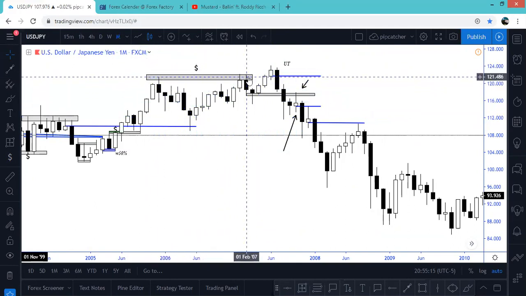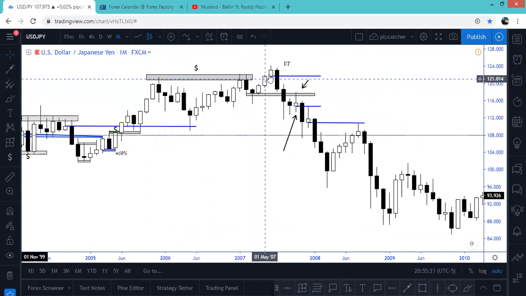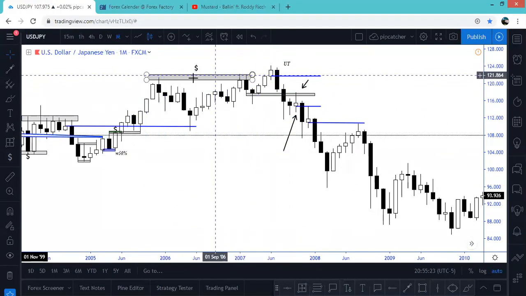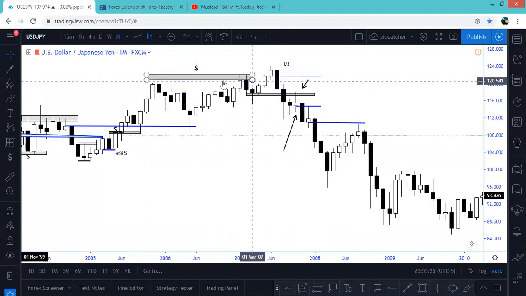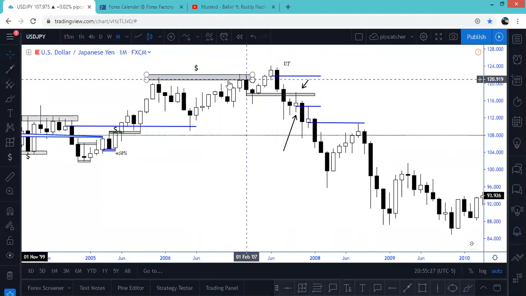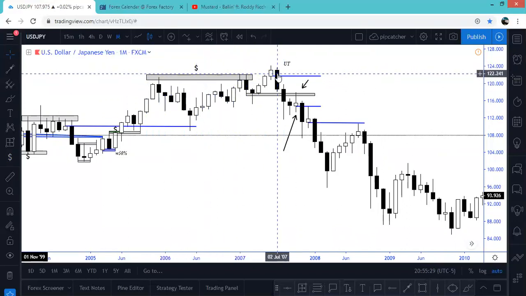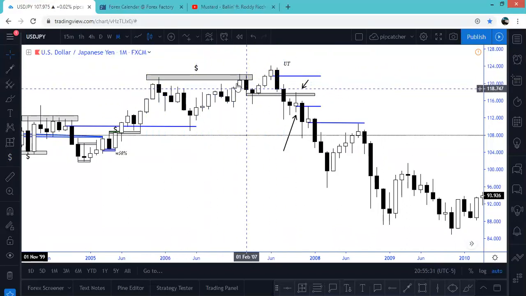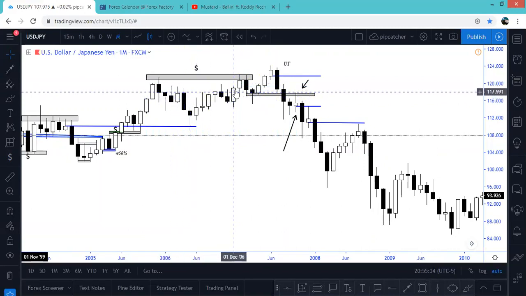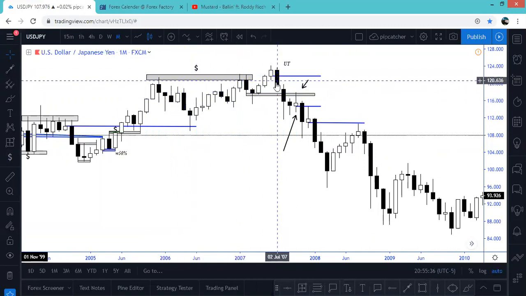But even with that, these equal highs took 1, 2, 3, 4 full months to hit. And look at what price did after it captured all this liquidity. Look at the difference in the candles. See all these small body candles and then just a drop.